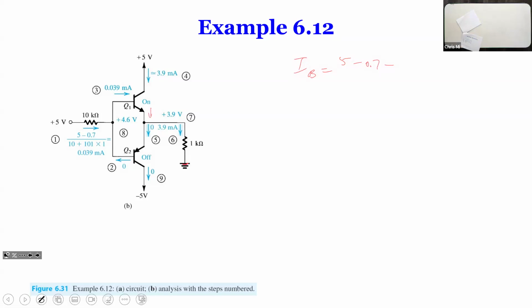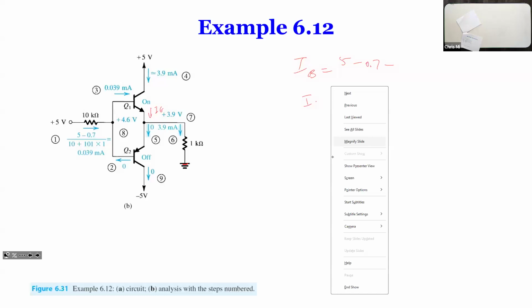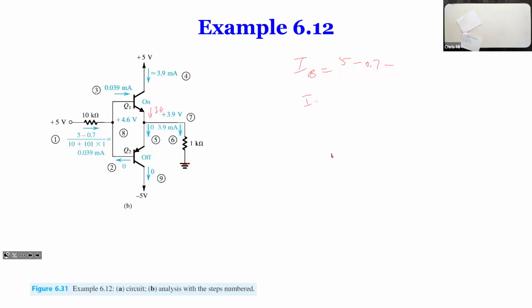IE equal to beta plus 1 times IB, right? So when you write this equation, we can write this loop equation from here all the way to here.